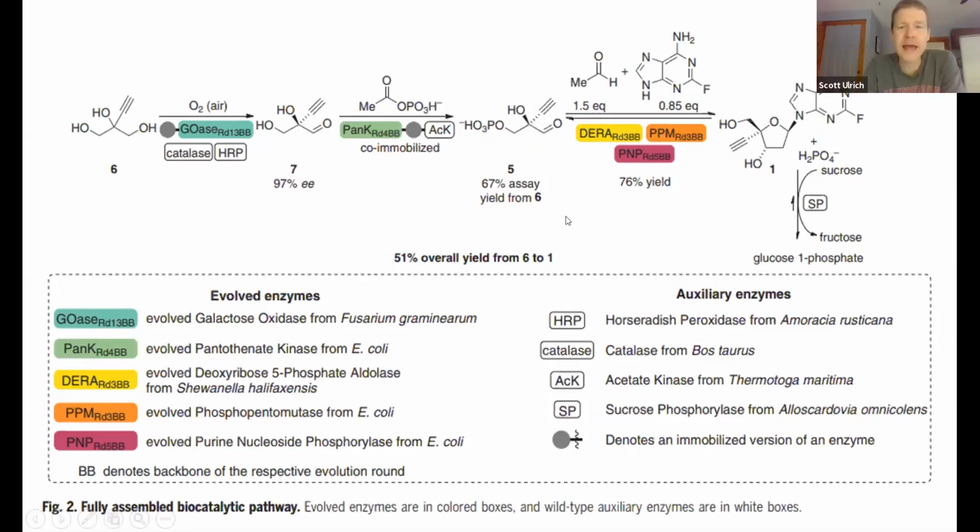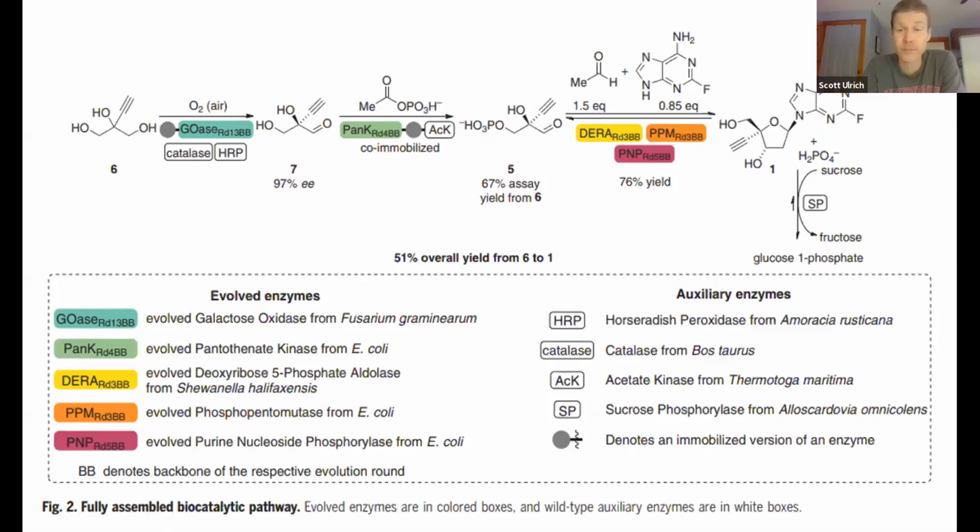But the part of it that I think maybe you should do on another day is to talk about these auxiliary enzymes that are not in the pathway.